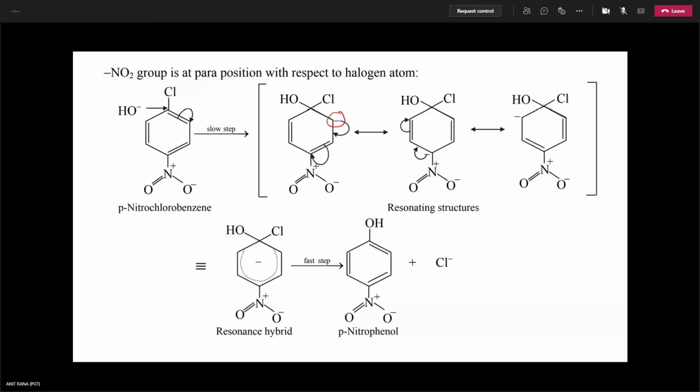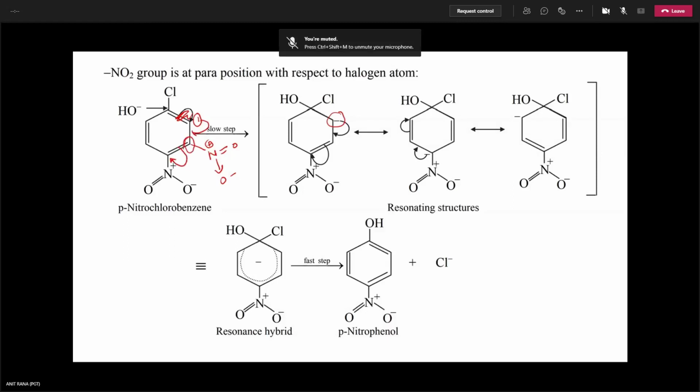But when the same nitro group is at the meta position, the negative charge will not come on the carbon which is attached to the nitrogen. Suppose you consider nitrogen here, and a delocalization takes place: the negative charge will come here, and then the electrons will come over this carbon.